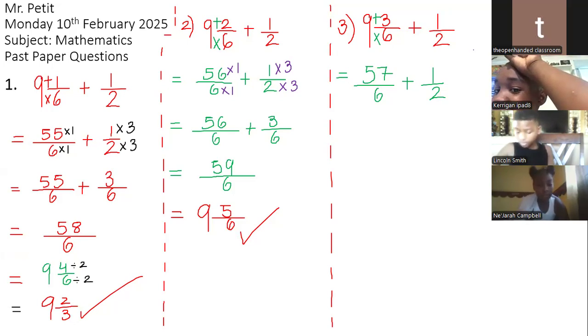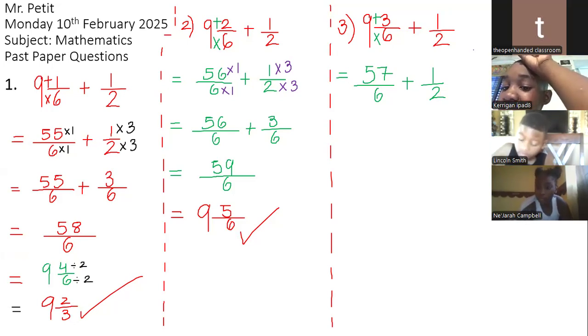All right, so what's the lowest common multiple of these two? It's gonna be what?